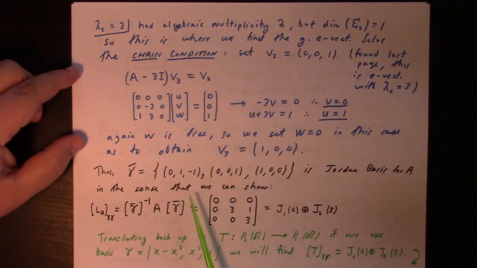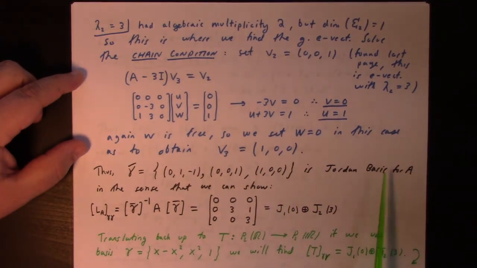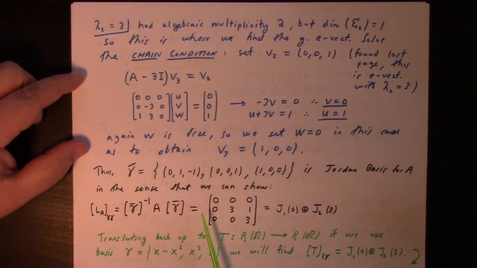In summary, my gamma bar, (0, 1, -1), (0, 0, 1), (1, 0, 0), is a Jordan basis for A. And in particular, we could prove, if you do the calculation, that if we calculate the inverse of the basis matrix times A times the basis matrix again, it will work out to the 1 by 1 zero block, a Jordan eigenvalue 0 block, and then a Jordan 2 block for eigenvalue 3.